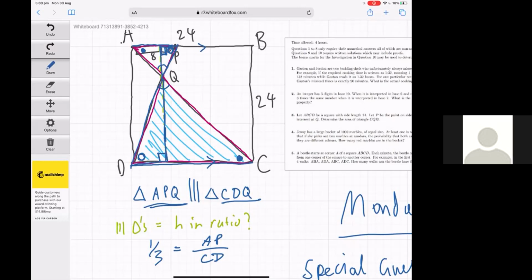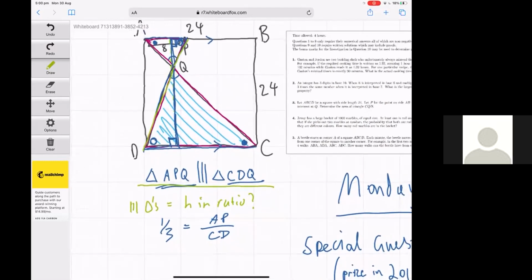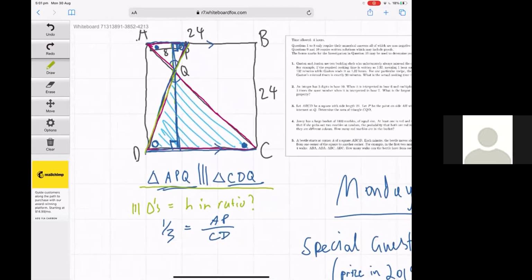And moreover, this is a straight line because we've got right angles at each end, and it's a square. Because we know that this length to this length is in the ratio 3:1, the heights have to be in the same ratio. We know the green lengths are in the ratio 3:1 because of this pair of similar triangles. So if we call this one H2 and this one H1, we have that H1 on H2 is 1/3.